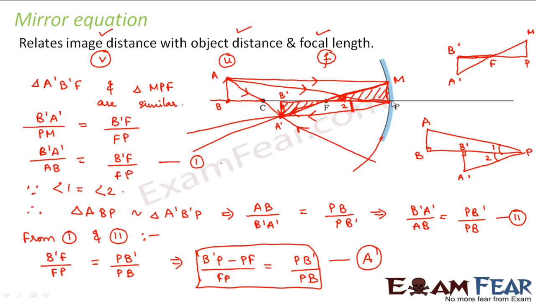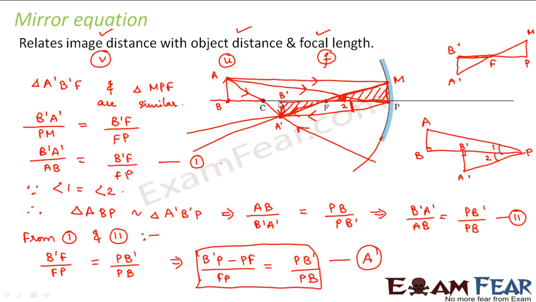Any distance measured towards the negative side, opposite to the incident ray, is taken as negative, and any distance measured in the direction of the incident ray is positive. So in this case, the distance of the object is measured from pole. From pole you have to move in this direction, which is opposite to the direction of incident ray, because incident ray is in this direction, right? So this will be negative.